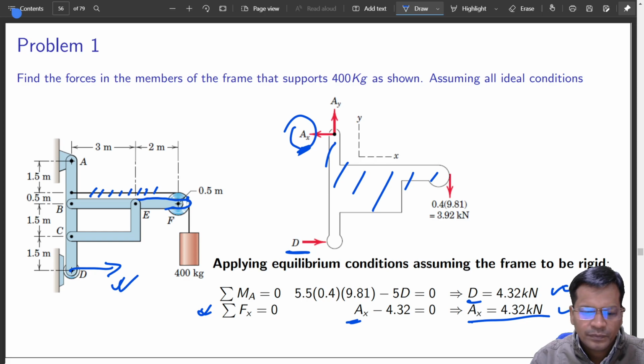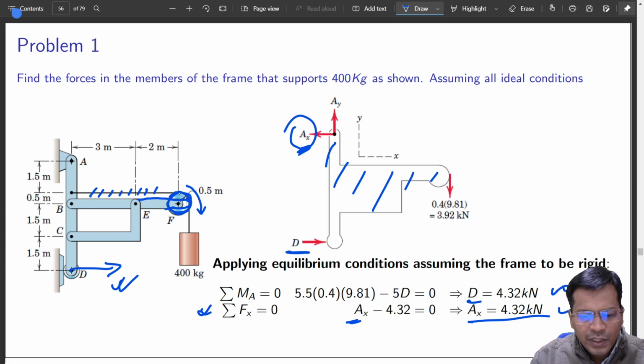If it rotates, but I am considering this as an isolated body. Whether it rotates or doesn't rotate, this is a situation when it is static. It is not moving at all.